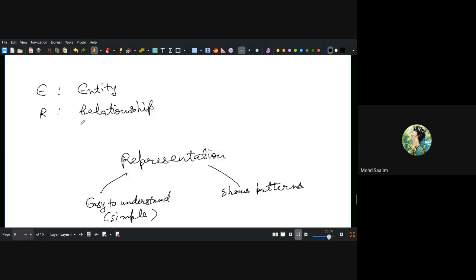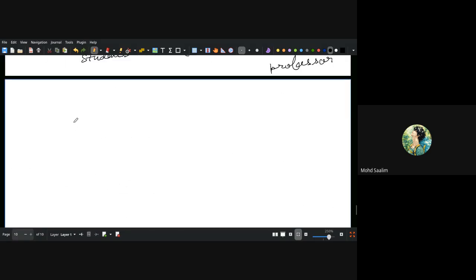Okay, so there are different terms, just like when we were learning relational database management systems, we learned different terms, right? We learned what attributes are and how those attributes can be considered as columns of a table. Then we learned what rows and instances are, right? So in the same way, we are going to define some terms for the model also.